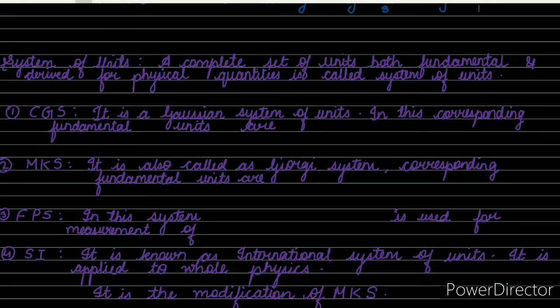The first type is the CGS system. The CGS system is a Gaussian system of units. It is named after a scientist named Gauss. Therefore, it is a Gaussian system of units.